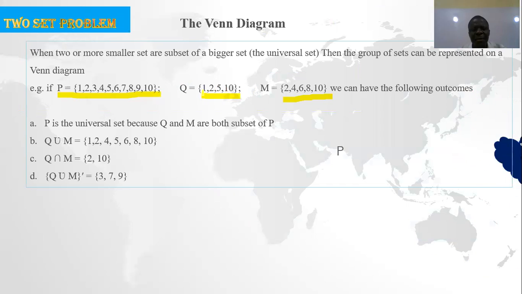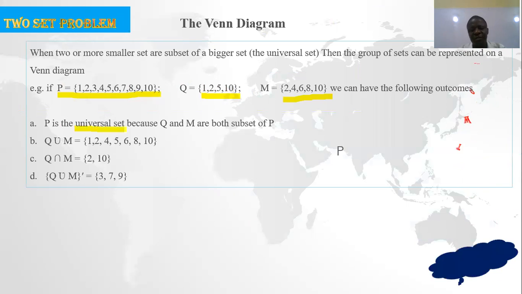Because all the members of Q and all the members of M are found in P. Therefore, P has become what we call the universal set.